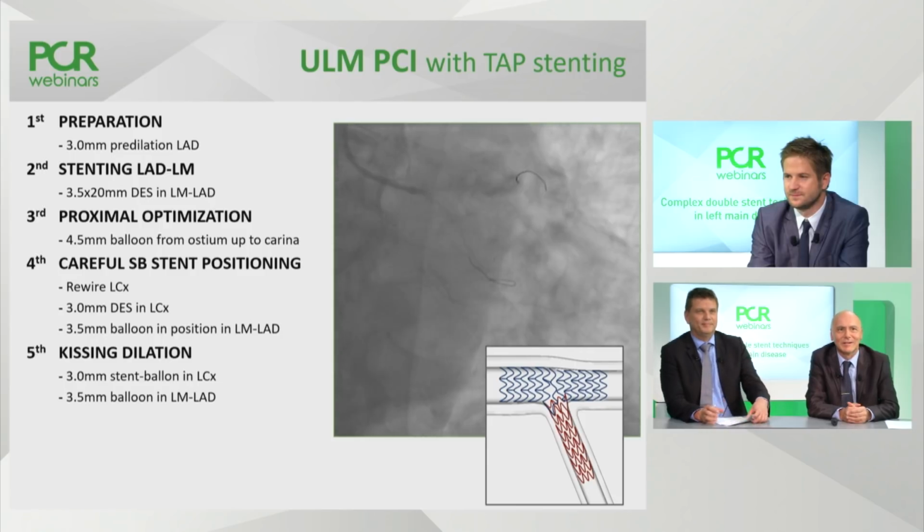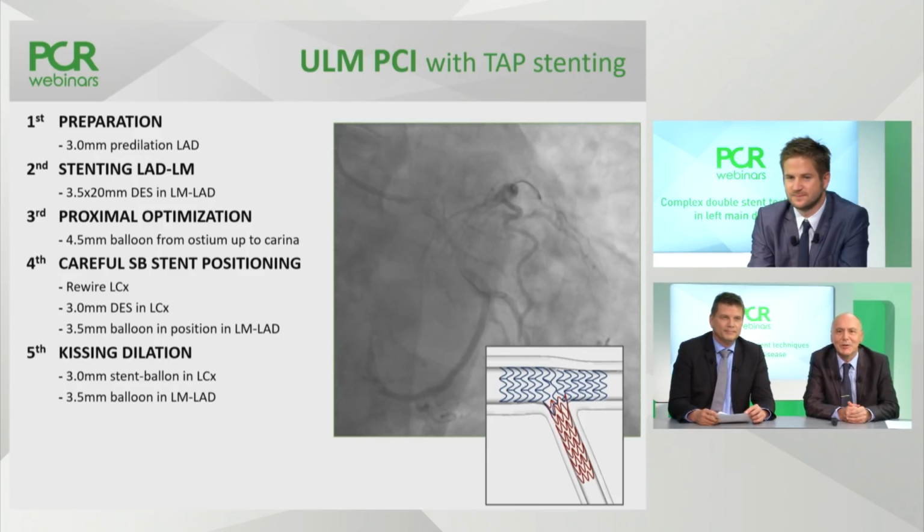And I'm not using it in TAP either, because I think you don't know exactly where your neocarina ends. If you don't know that, you will not know how to exactly place the tip of the POT balloon. And if you go too far, then you pretty much destroyed everything you did.